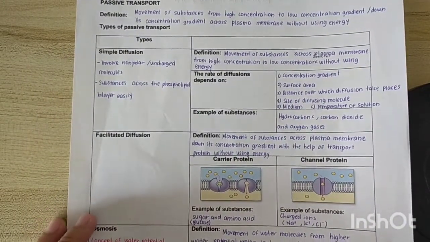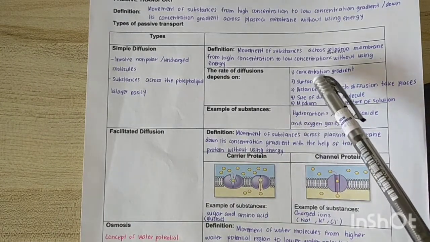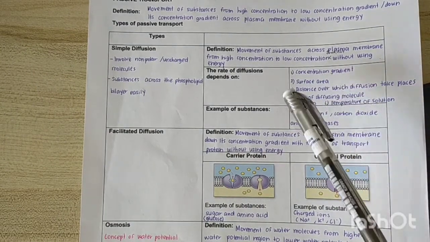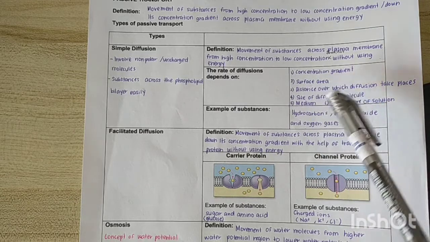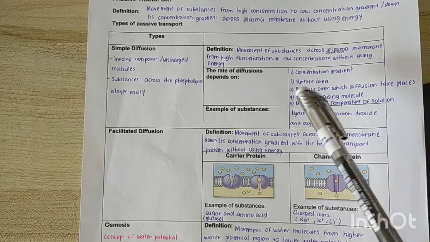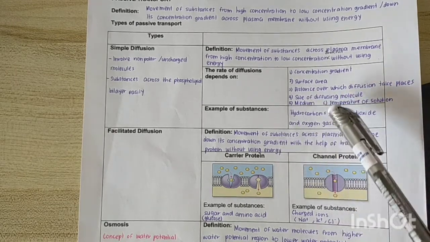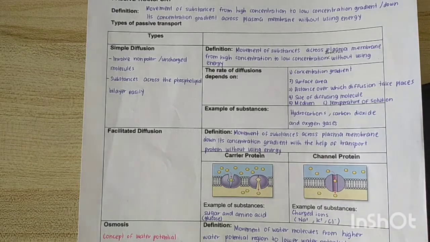Okay, and then the rate of diffusion depends on, first, concentration gradient, second, surface area, and third, distance over which diffusion takes place. Number 4, size of diffusing molecule. 5, medium. The last one, temperature of the solution.